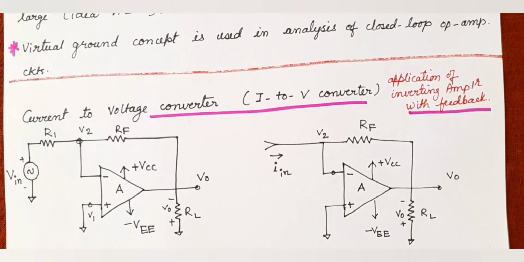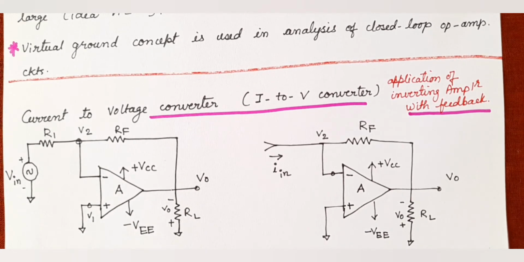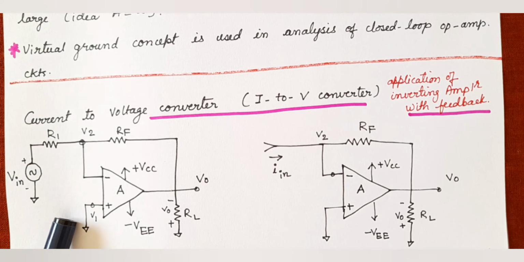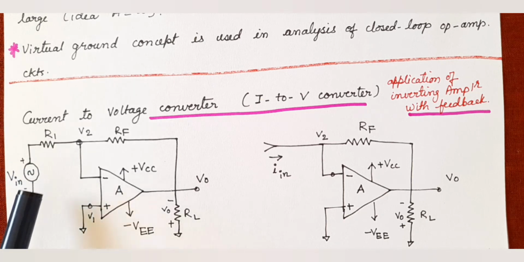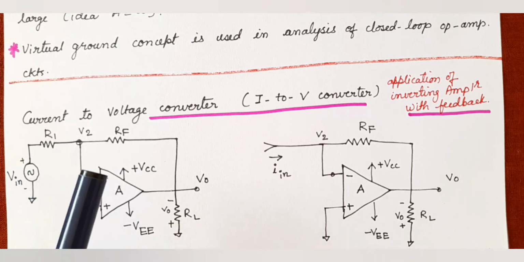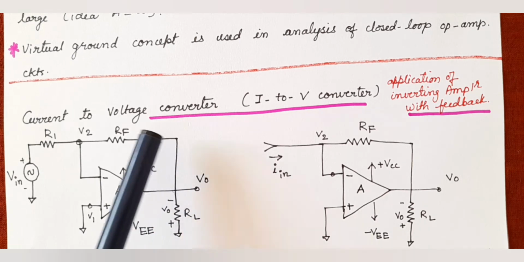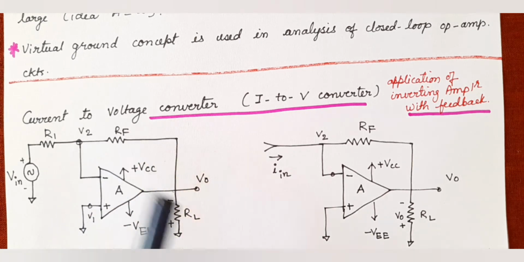This is an application of an inverting amplifier with feedback. On the left side you can see an inverting amplifier with feedback. Why is this circuit an inverting amplifier with feedback? Because input voltage Vin is applied to the inverting or minus terminal of the op-amp, and there is a feedback from output back to the input through the feedback resistor RF.